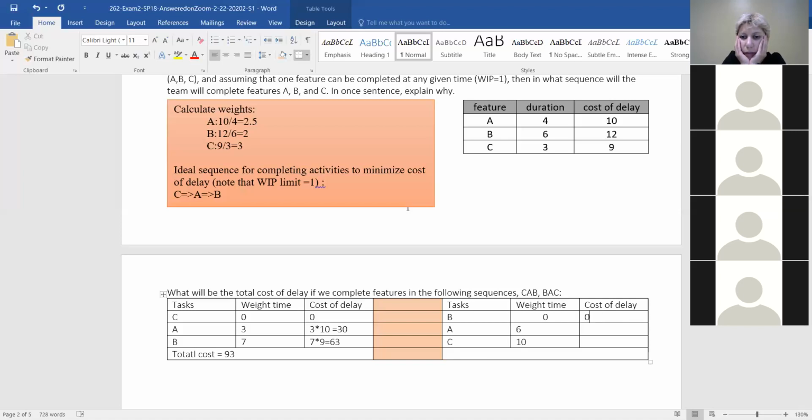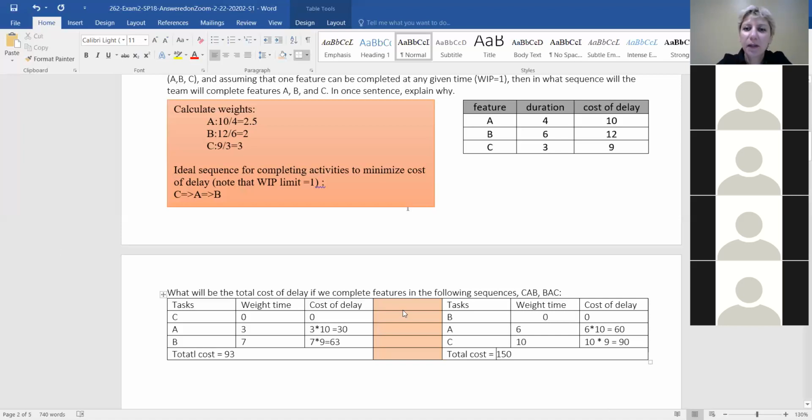So B is going to be 0, A would be 6 times 10, that's 60. C is going to be 10 times 9, that's going to be 90. The total would be 150. Thank you. It's okay. All right, thank you, Grant.